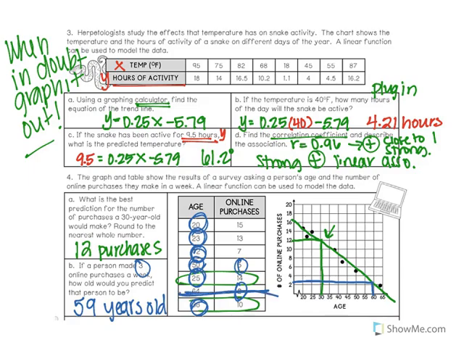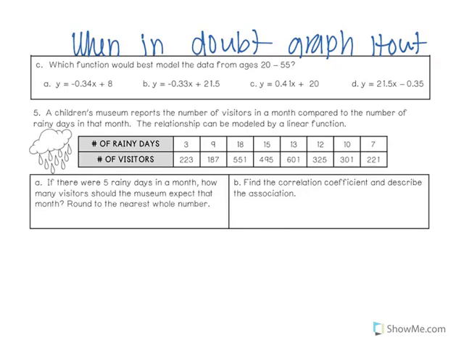I'm going to take this one out because that's not part of our data set. And when in doubt, graph it out, I get that the slope becomes negative, so there are fewer purchases over time, and there would be a causation there. As they got older, there were fewer purchases over time.